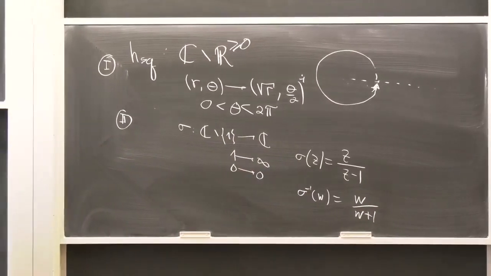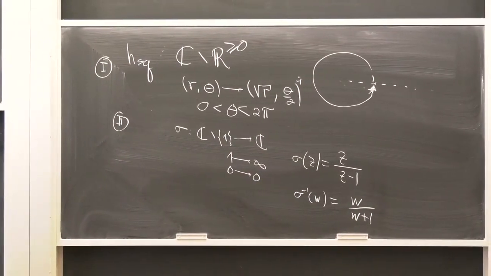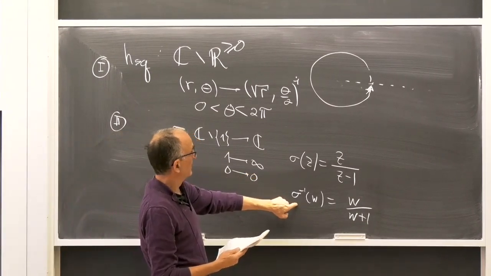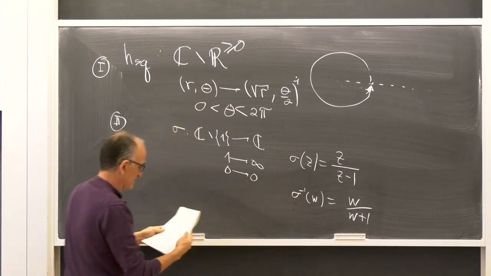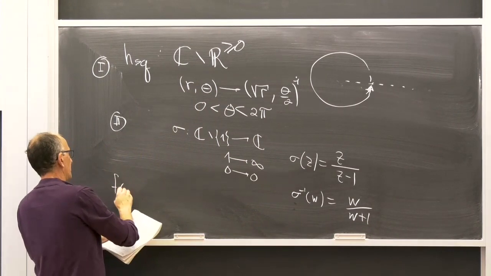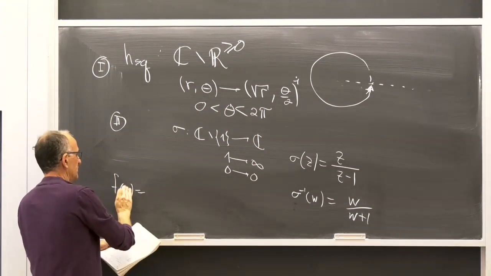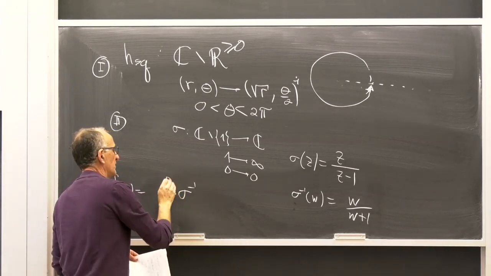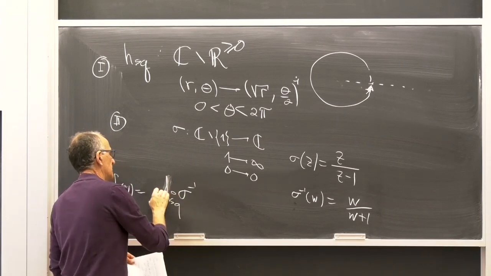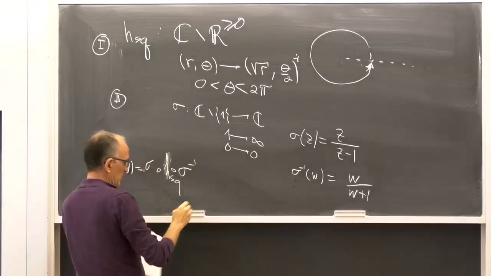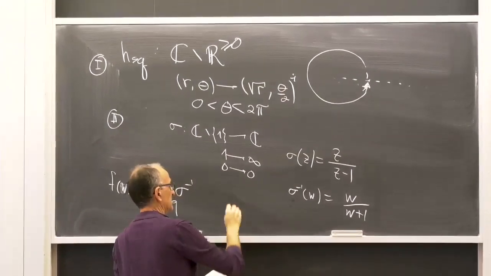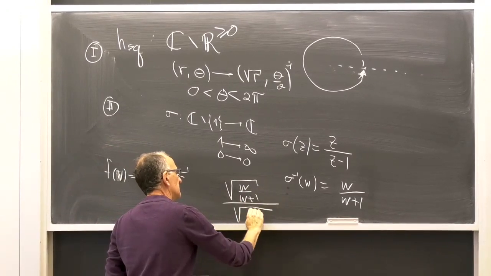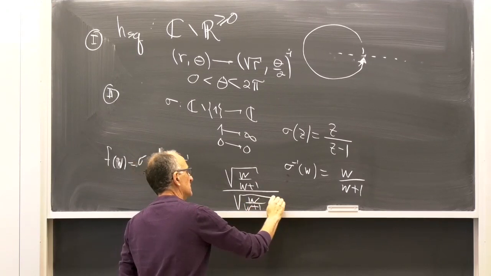And now you push forward the square root function using sigma inverse. So you define f of w to be sigma inverse composed with h square, composed with sigma, which will look like the square root in this sense, w plus 1 minus 1.